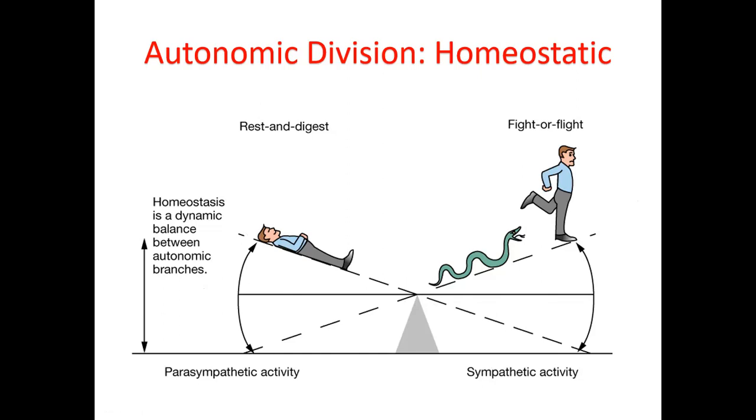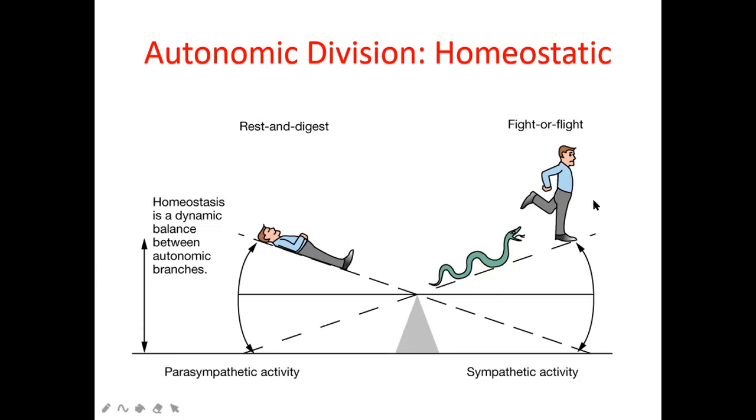If you look at the left-hand side, this gentleman is nicely relaxing, sleeping, taking rest. So the parasympathetic nervous system is associated with rest and digest. So this is assimilation, rest and digest.